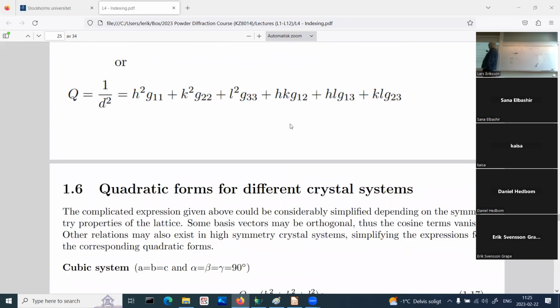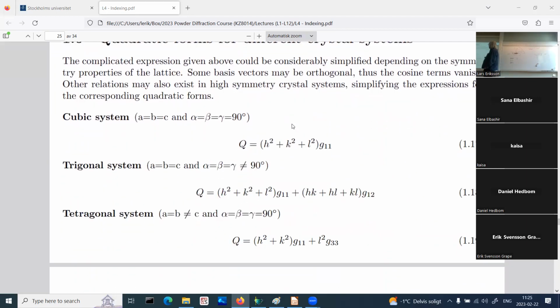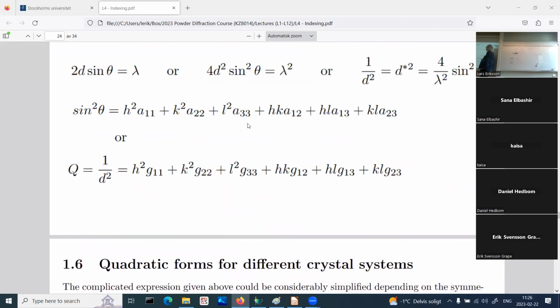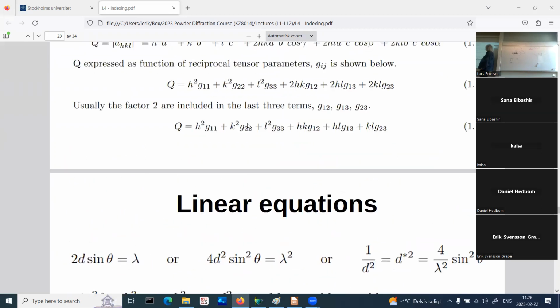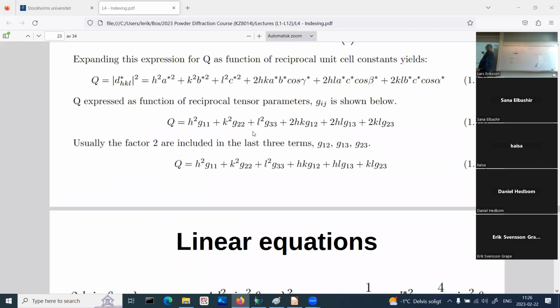The general expression for different crystal systems, for example cubic, one can simplify. Since alpha, beta, gamma are 90 degrees, how are alpha, beta, gamma present? Here is cosine gamma, cosine beta, and cosine of 90, gamma star. Now let's see.